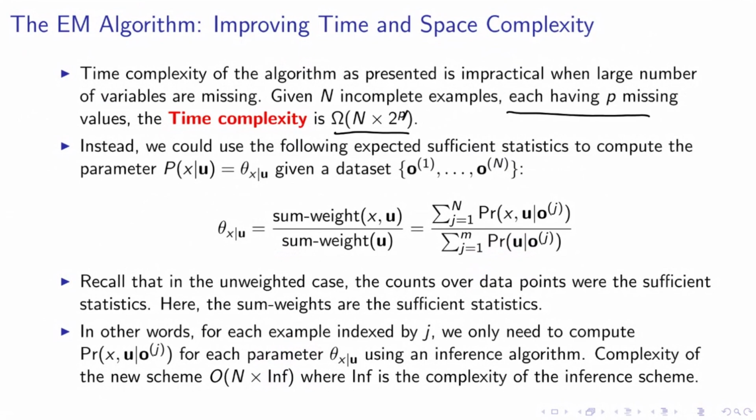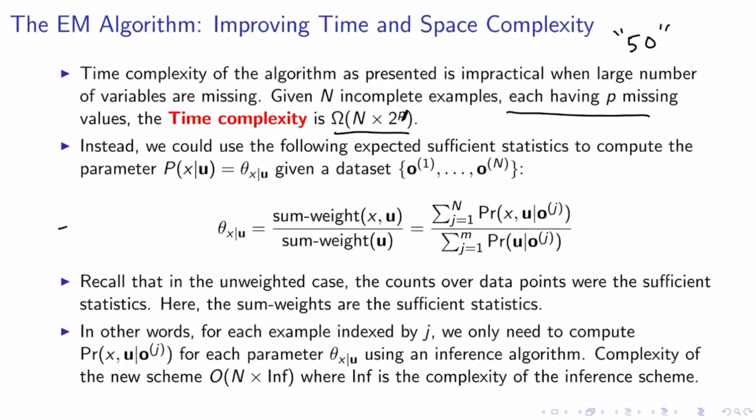If p is large, then this algorithm is clearly impractical. For example, if there are 50 missing variables in the problem, or 50 hidden variables, or 50 latent variables, then EM will be impractical.